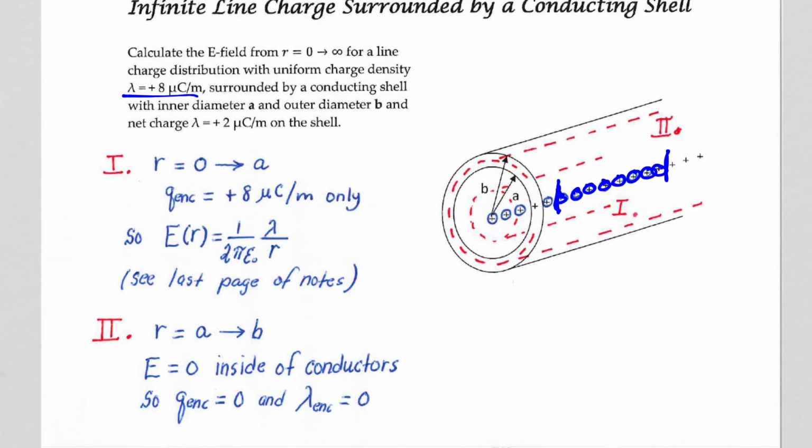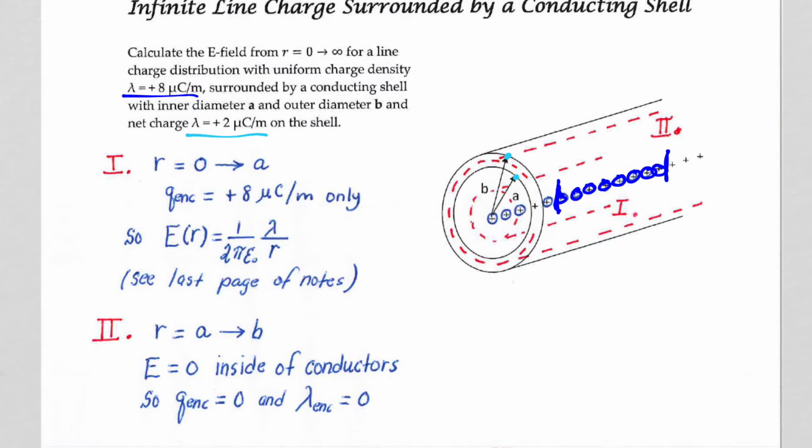It's a cylindrical shell, so you can think of it like a pipe, where we have a thickness to this metal pipe, and we are told that that pipe or that shell has a charge of plus 2 microcoulombs per meter.